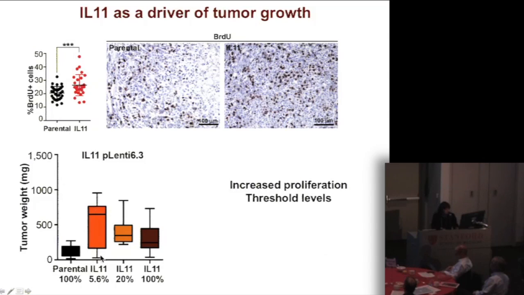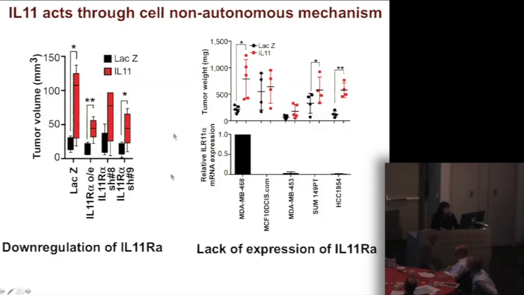And this was actually independent of the frequency of the IL-11 clone in the tumors, because when we had 100% IL-11 or 20% or 5%, essentially the growth rate of the tumor was similar, again highlighting the importance that a tumor driver doesn't have to become a dominant clone. Even 5% of the cells can drive the tumor growth as much as 100%. You don't actually get more growth because of that.